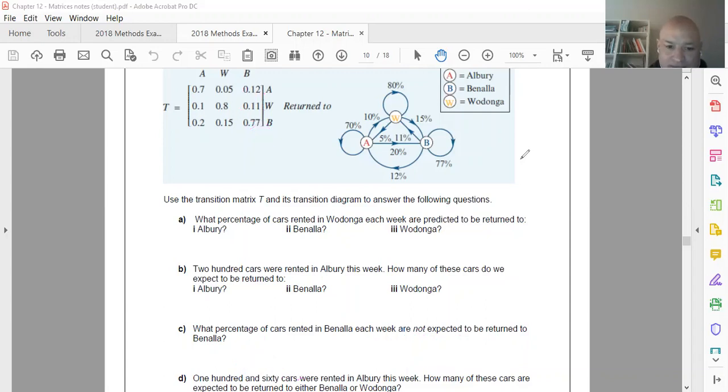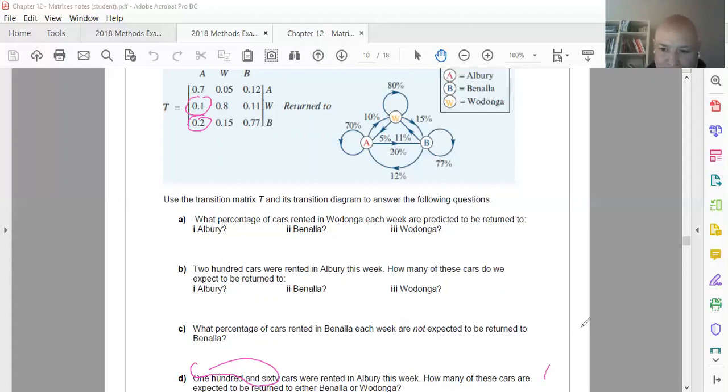Part D, 160 cars were rented in Albury this week. How many of these cars are expected to be returned to either Benalla or Wodonga? So Albury has to be returned to Benalla or Wodonga. So altogether, that means I've got 30% of cars.